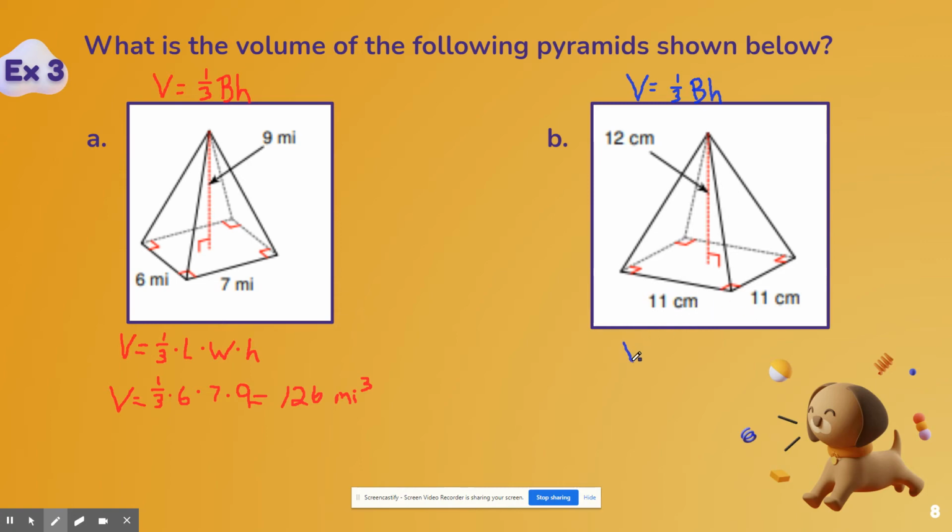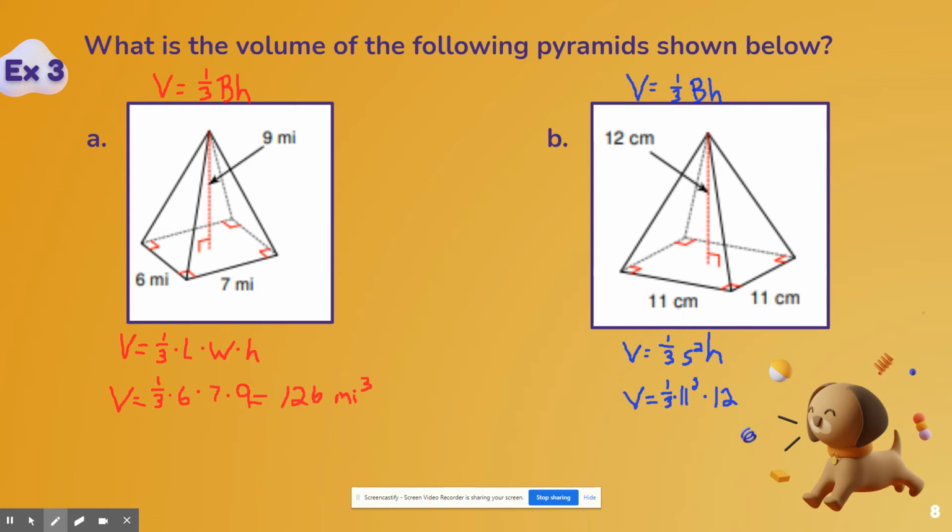So I could say volume equals 1/3 S squared times the height, which would be volume is equal to 1/3 times 11 squared times 12.